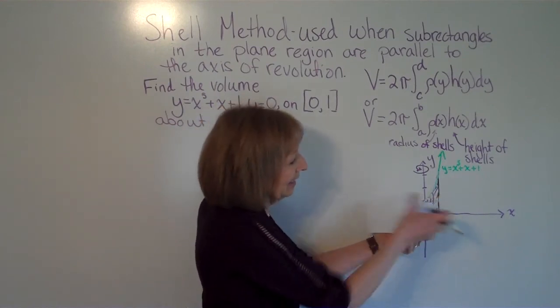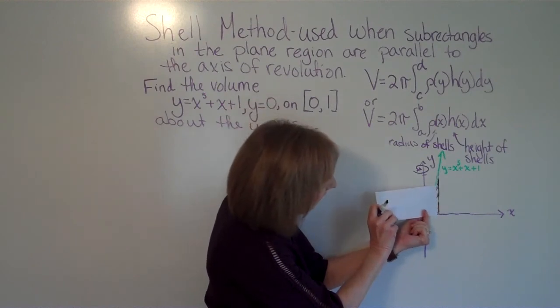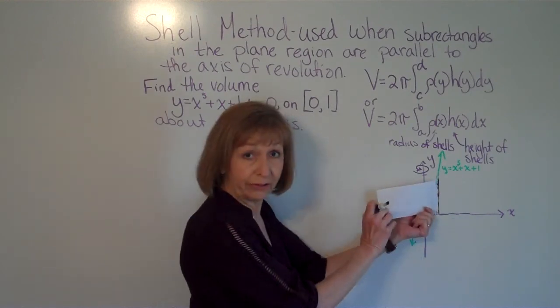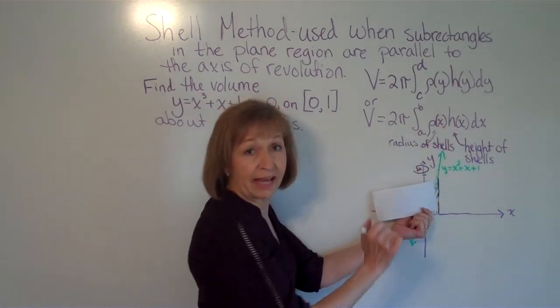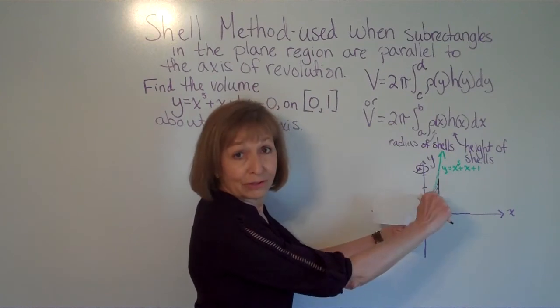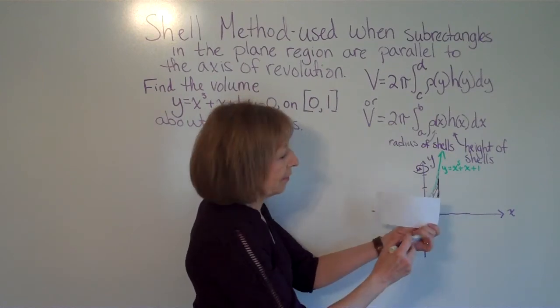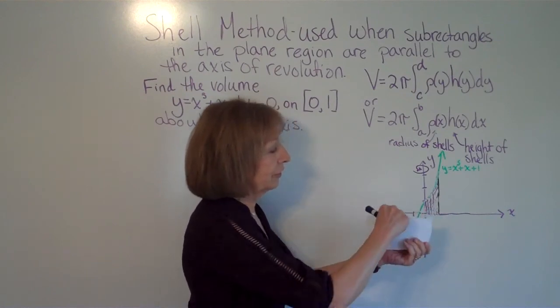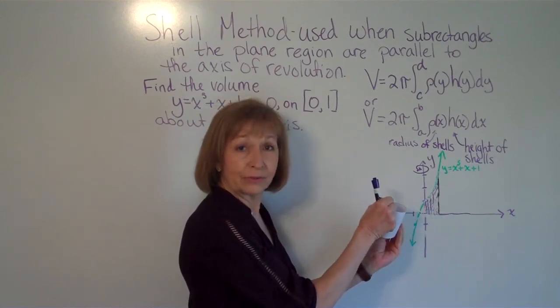The height of the rectangle is the height of your little subrectangles, that h of x. The length of the rectangle that's cut and opened up is the circumference of the circle when it was enclosed.